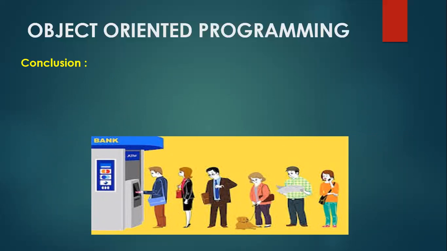If you provide some communication between all these objects logically in order to develop an application or program, then that is called object-oriented programming, because that program implements the application with the help of classes and objects.